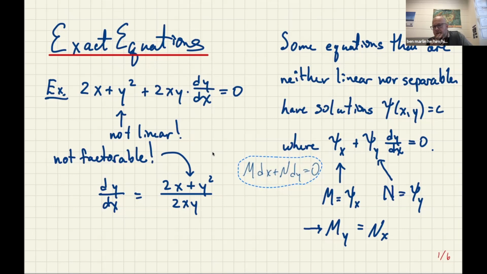In any case, if we label the two functions as M and N, then we can check whether we've got a conservative vector field, and therefore a potential function, by calculating M sub y and N sub x. If they turn out to be equal, then you can find the potential function by just doing the appropriate integrals.